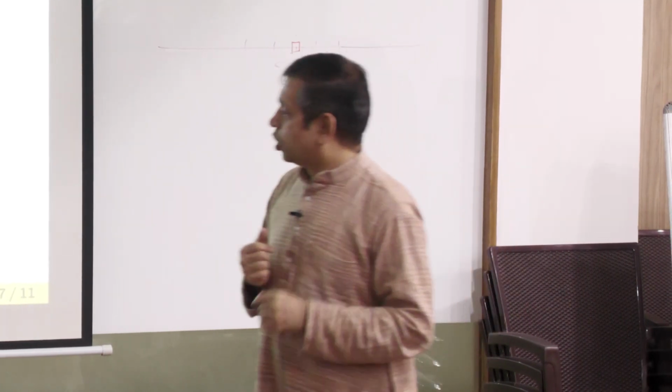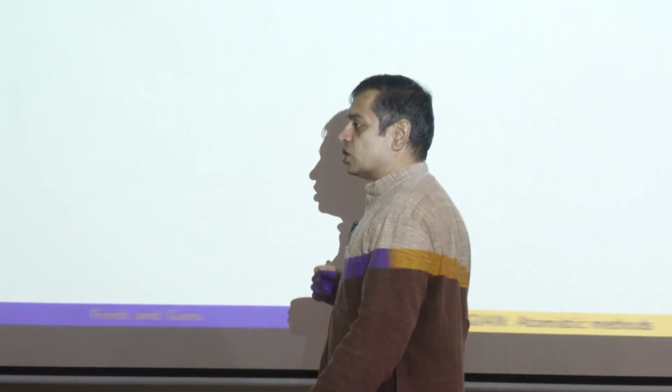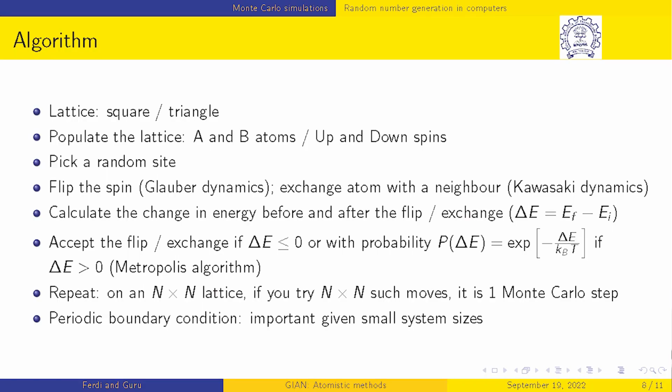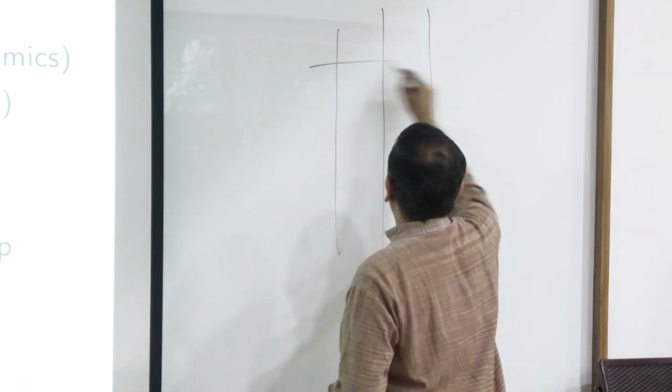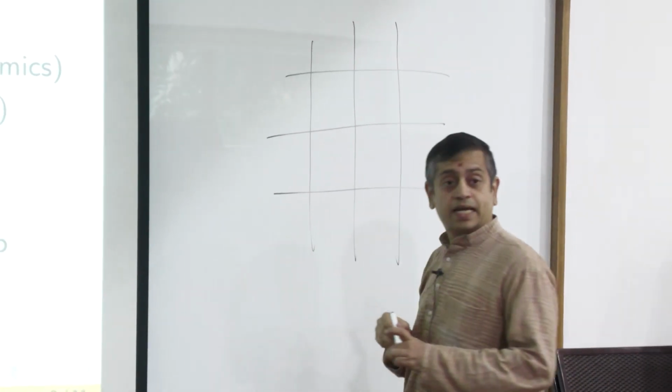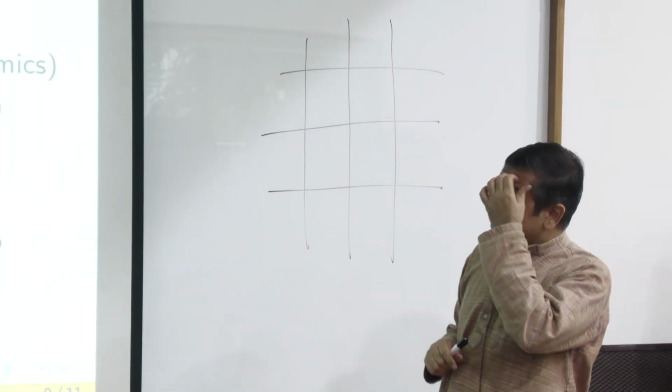Okay. So, what is a Monte Carlo simulation? The algorithm goes something like this. First, we generate a lattice. That lattice could be square or triangular, and Ferdi's code in Fortran is written for a triangular lattice. The one that I am going to show you takes a square lattice. So, we take a lattice, that is the first step.